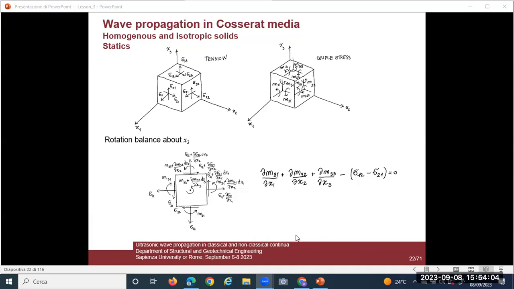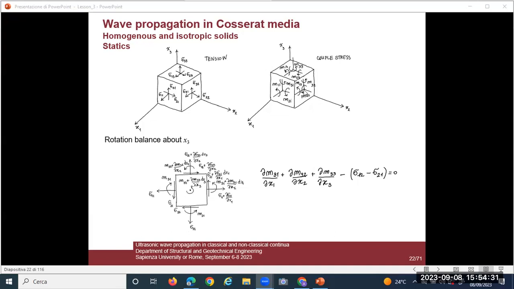What is the balance of forces in a Cosserat continuum? This represents the tensions acting on the faces of an infinitesimal solid extracted from the continuum. These are the tractions, and these are the couple stresses.